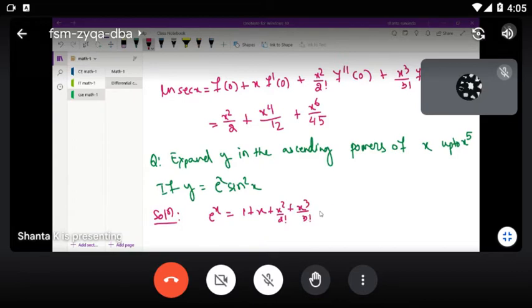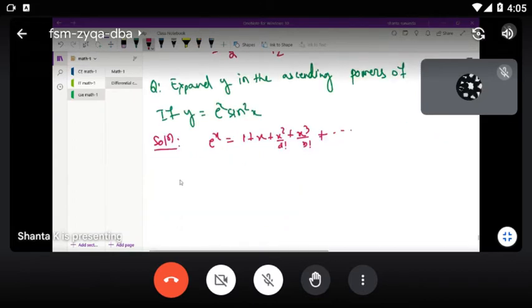So this one is the series of exponential. And for sine x, we have x minus x cubed by 3 factorial plus x power 5 by 5 factorial. Okay, so this is how.